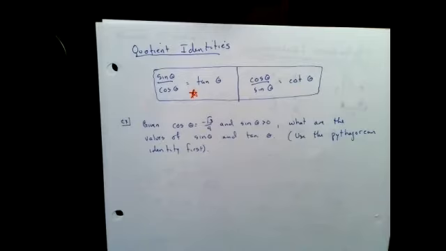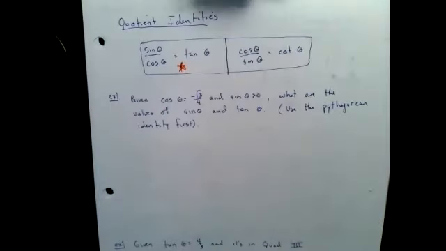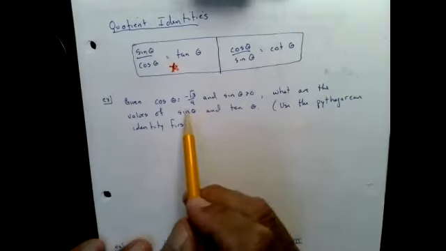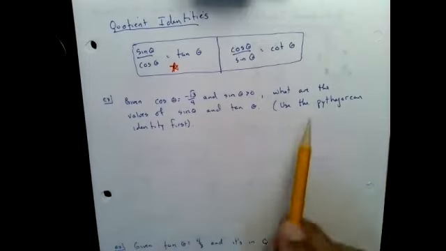More identities. We're tucking them all away. Let's take a look at the problem. Given the cosine of theta equals -3/4 and the sine is greater than 0, what is the value of the sine and then the tangent? Use the Pythagorean identity.